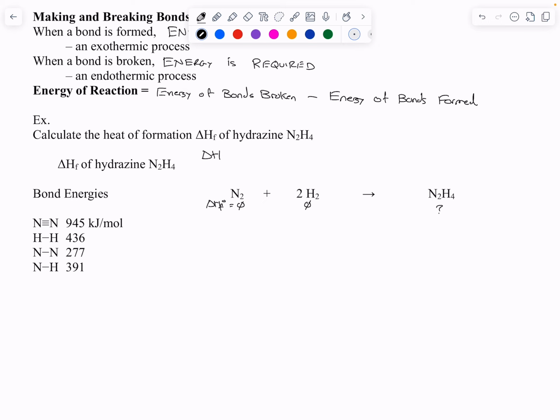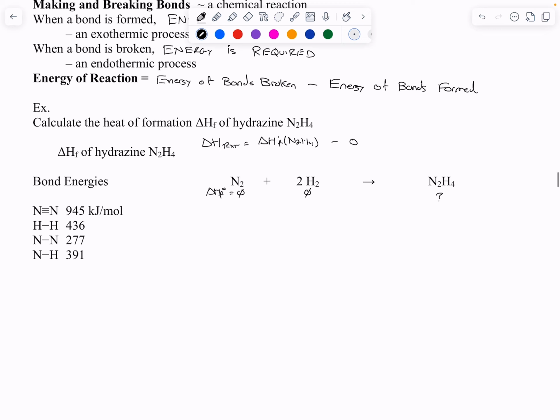If we did the whole thing like we did up here, the delta H of the reaction would be the delta H of formation of N2H4 minus 0. But we're not doing that. We don't have the information to do that. We have the bond energies.